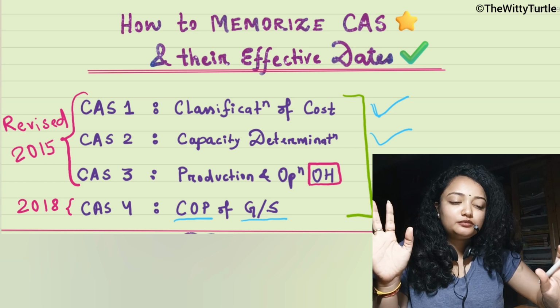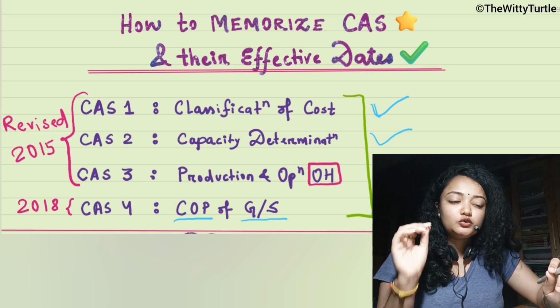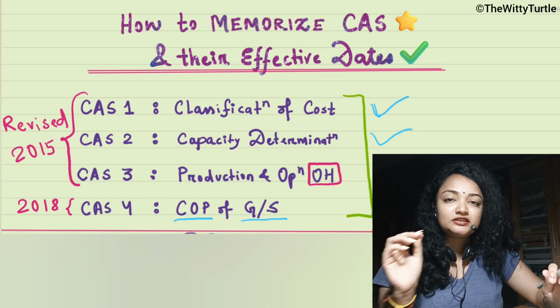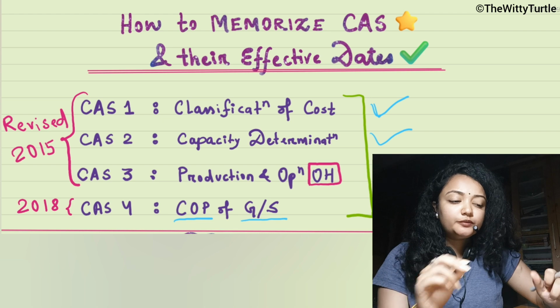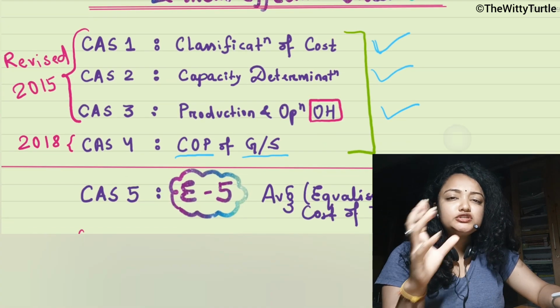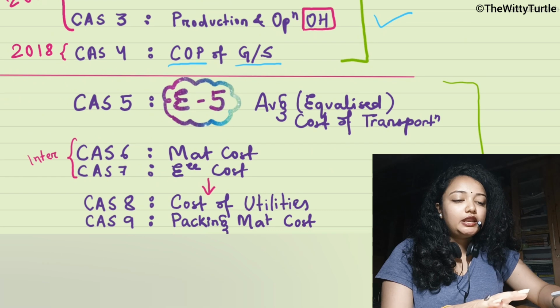So now you can remember that CAS1 is for classification of cost, CAS2 is for capacity determination, CAS3 is for production and operations overhead, and CAS4 is for cost of production of goods or services, whatever you are dealing with.